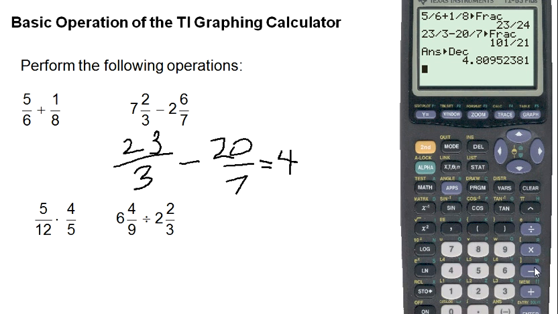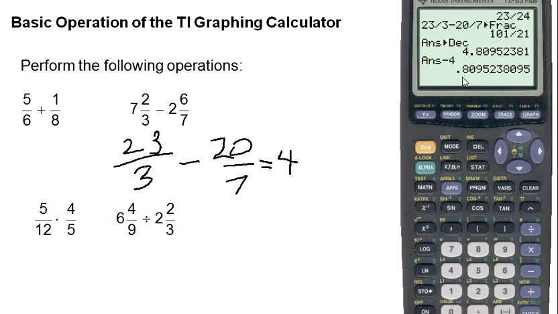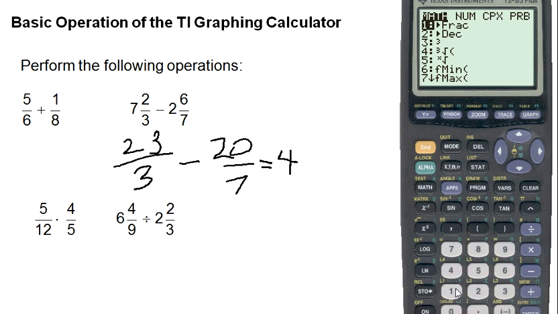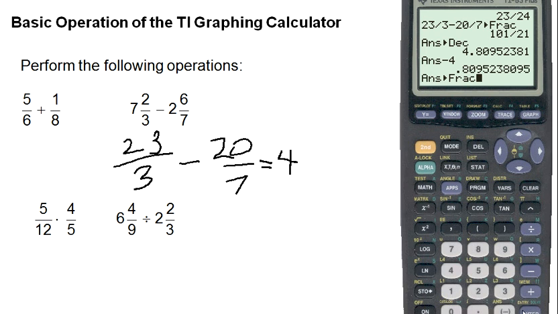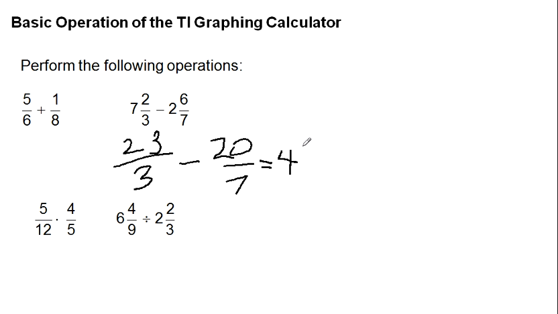Take the 4 out of the picture by subtracting 4, enter, and then that just leaves the fraction remainder. Hit Math 1 to change the fraction remainder to a fraction, and you'll see it's 4 and 17 over 21.